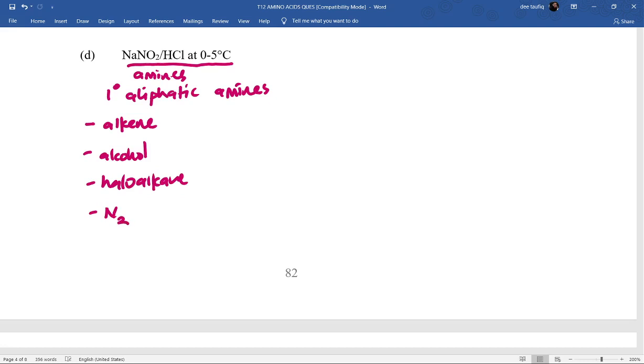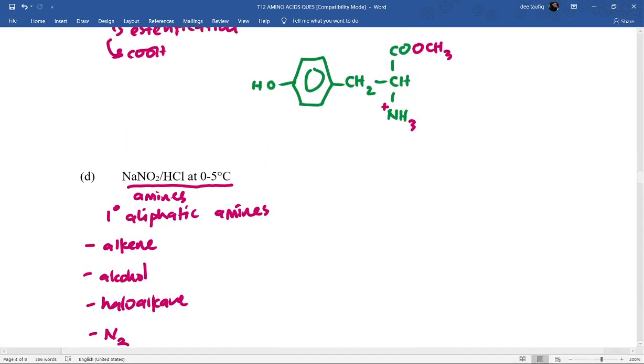That's fixed. So, the structure of the alkene: this is OH, single bond, our benzene ring, and then CH double bond CH, and on top is COOH. Okay, here is our alkene.